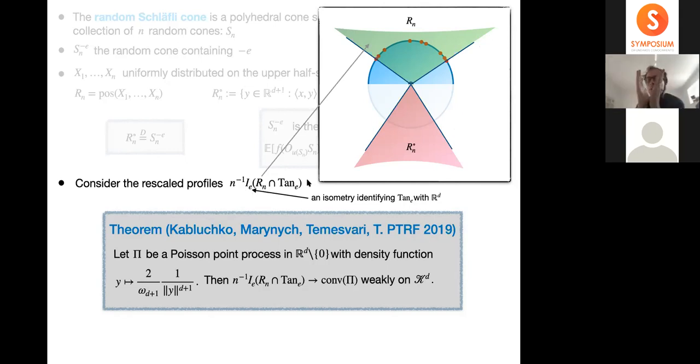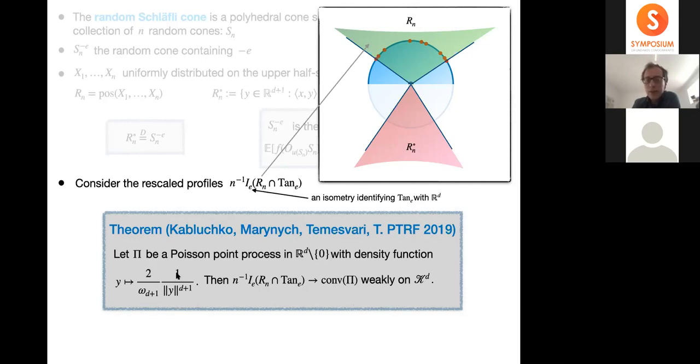Since the cones are opening up as n grows, these random polytopes get larger and larger. So to have a meaningful limit, you have to rescale with something, and the something is n^{-1}. So you have to push them back again. And if you look at the sequence of these random polytopes in R^d, they converge to the convex hull of a Poisson point process in R^d minus the origin, which has the following density function.